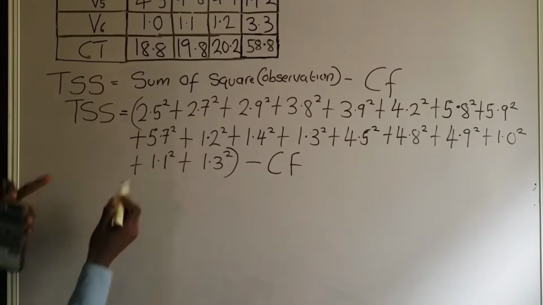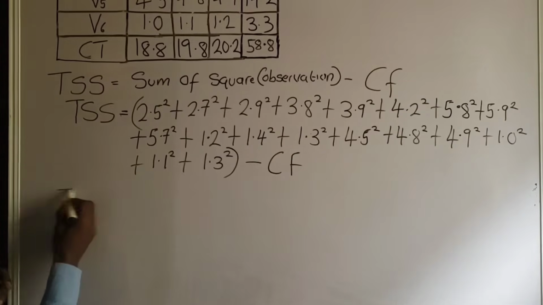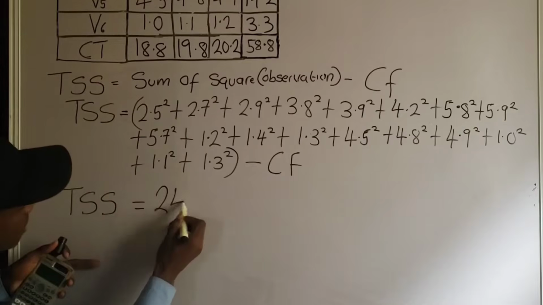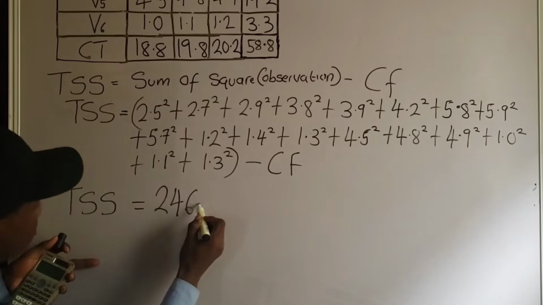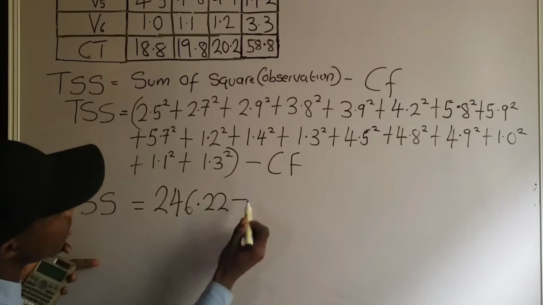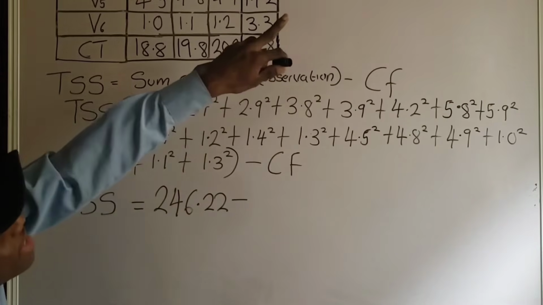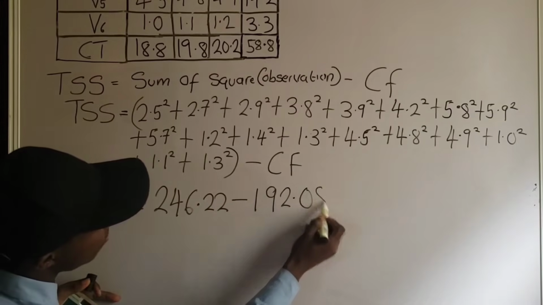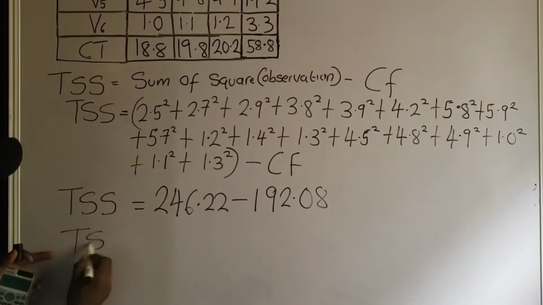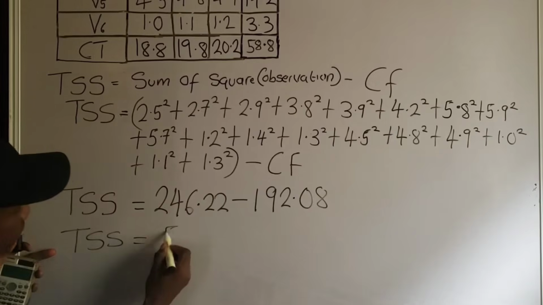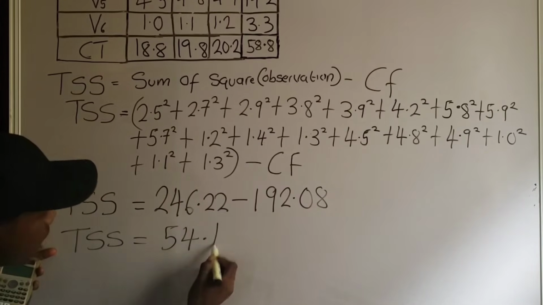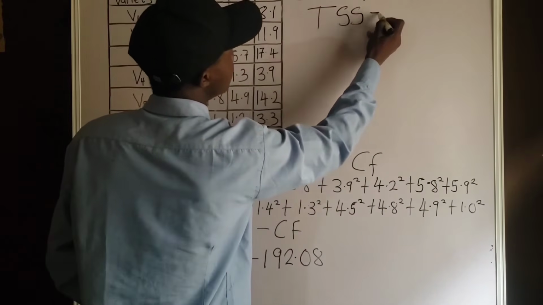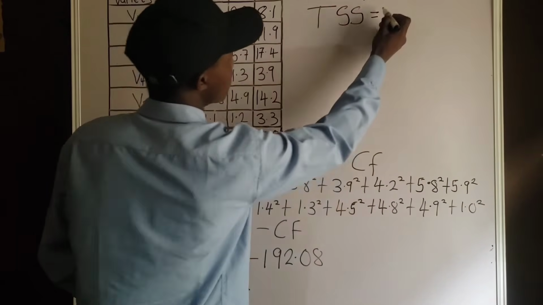When I sum these squares, I got 246.22, minus the correction factor, 192.08. So the total sum of squares is equal to 54.14.